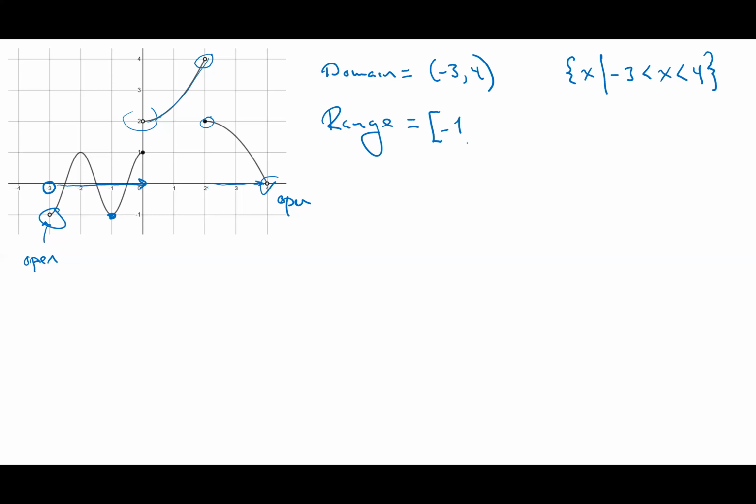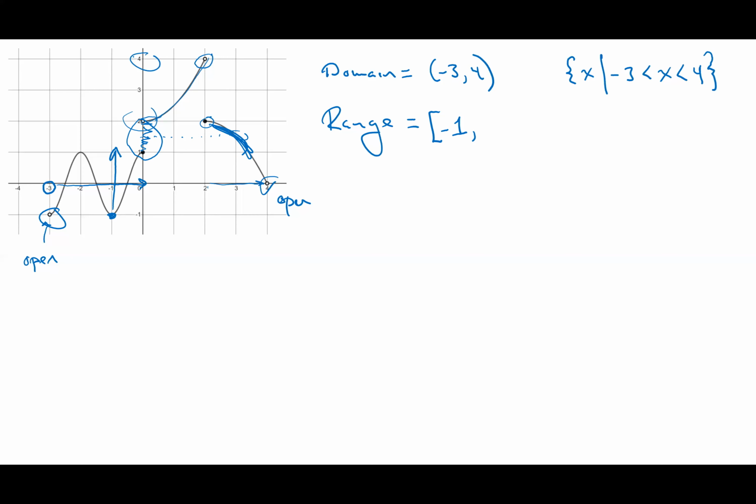So closed. And then let's move up. As we move up from our minimum, you might notice there's a gap here, but those values are still attained over here on this portion. So these y values get hit. This y value gets hit all the way up to 4.